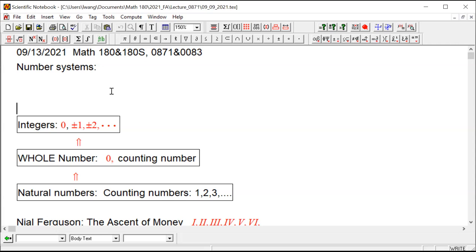Doesn't that look like a 0? No more egg on the sand. So in meaning and in symbol, that's how 0 was invented. The symbol of 0 was invented.